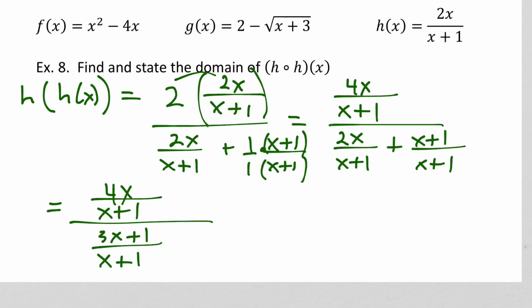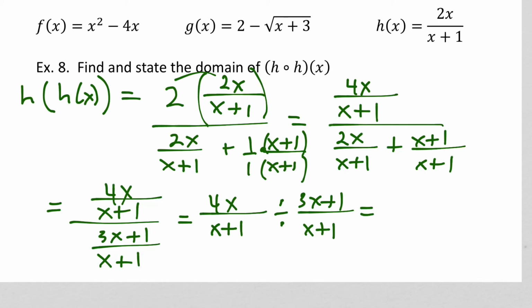Now we can rewrite this as 4x over x plus 1 divided by 3x plus 1 over x plus 1, which is the same thing as 4x over x plus 1, flip and multiply, x plus 1 over 3x plus 1.